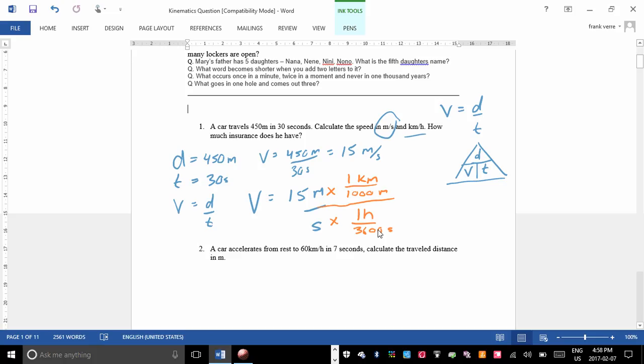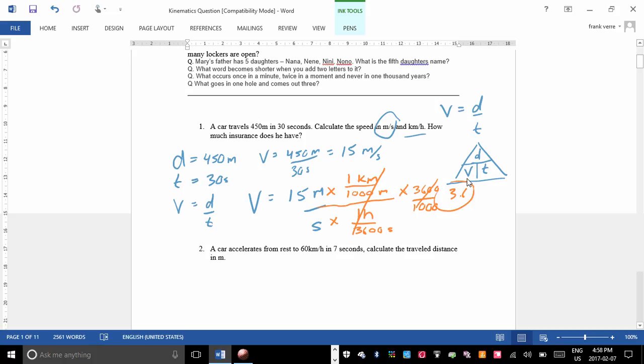So what you have here is 15 times 1 over 1,000 divided by 1 over 3,600, which basically, if you cancel this out, is the same thing as multiplying by 3,600 over 1,000, or simply 3.6.